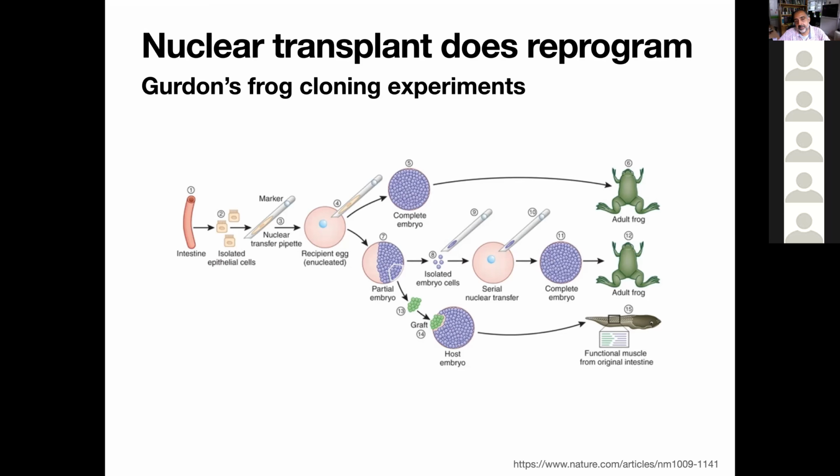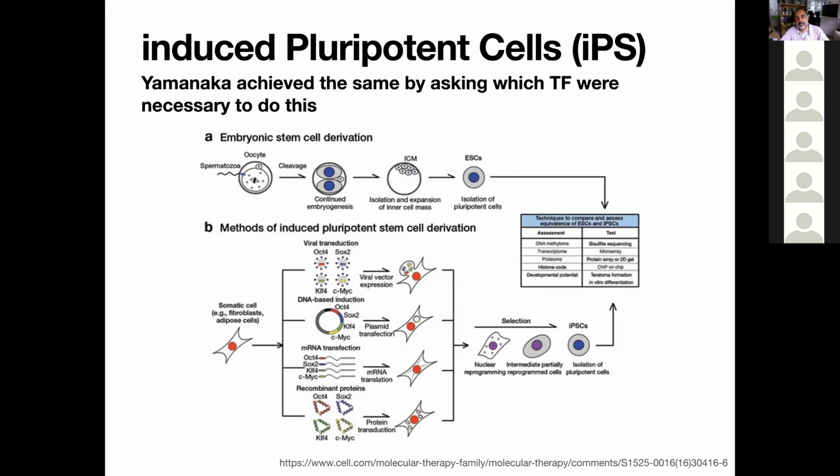This was exemplified by the experiments of Yamanaka, who discovered induced pluripotency.